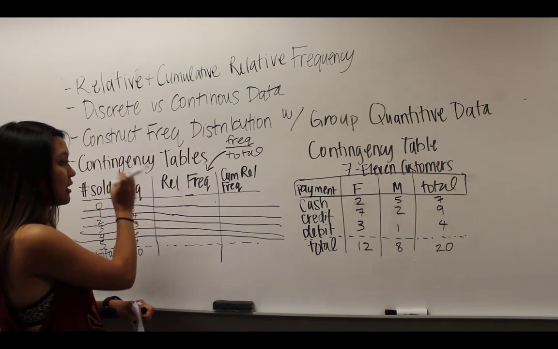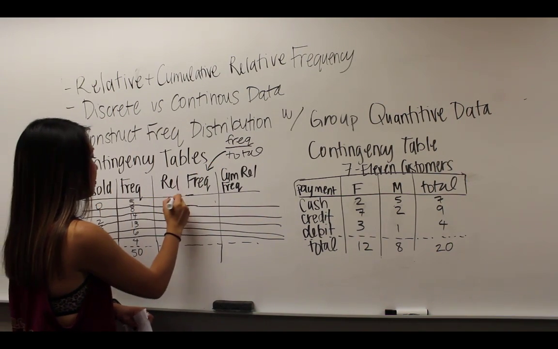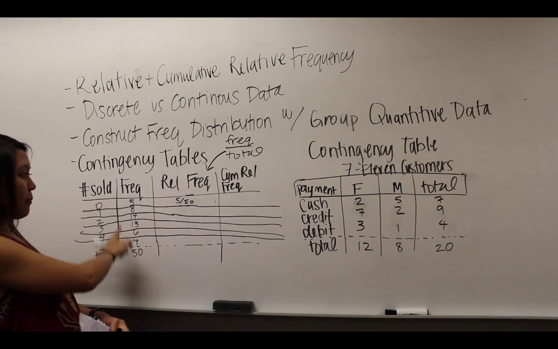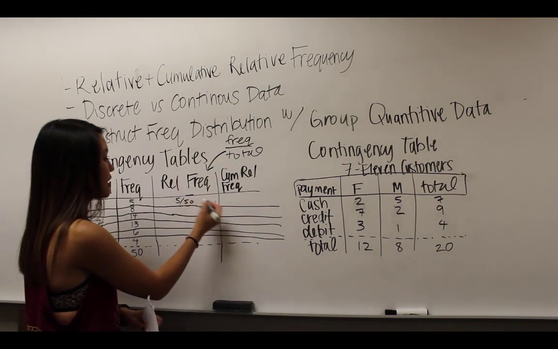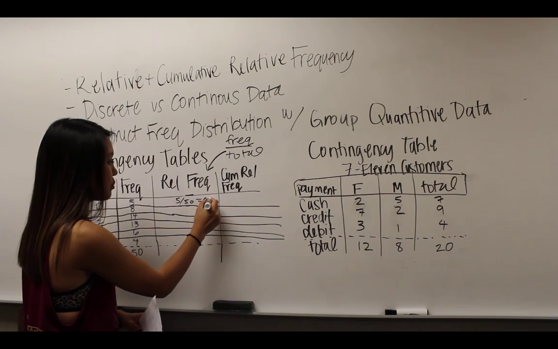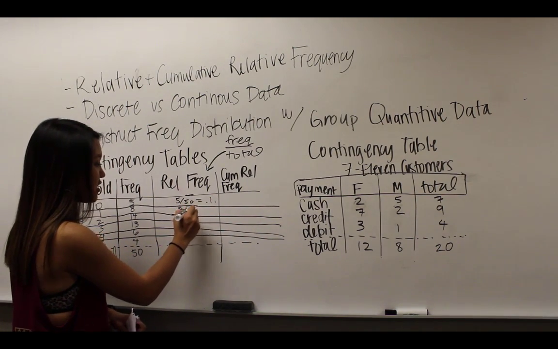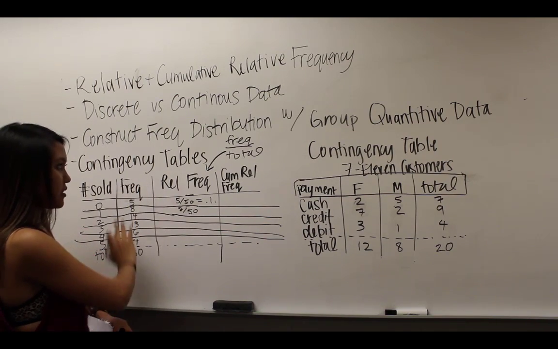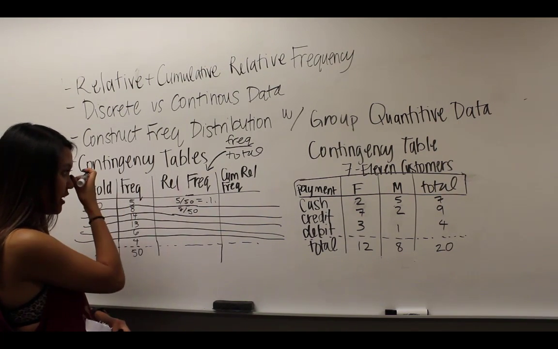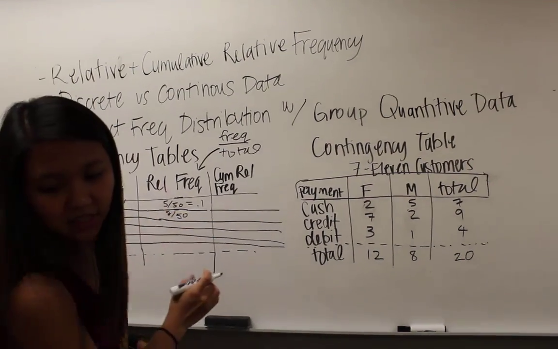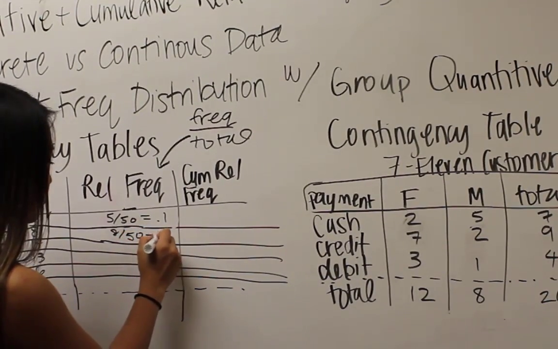For the probability of something like being 0, you'd put the frequency, which is 5, over the total, which is 50, right here. And then you'd put that in your calculator, or do that in your head. That equals 0.1. And then this would be 8 over 50, because the total doesn't change, because it's the total of all the frequencies. So that would be 8 over 50, which is 0.16.